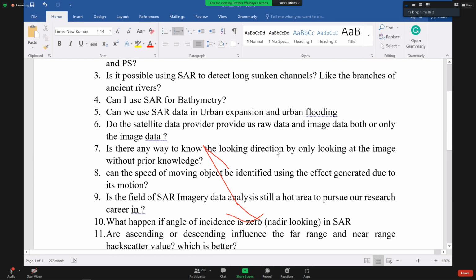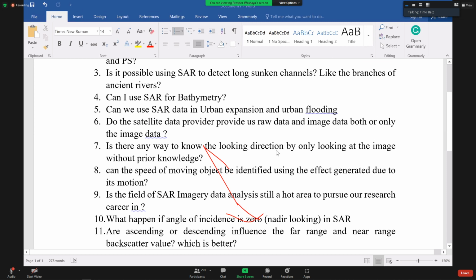Do the satellite data providers provide raw data and image data both, or only the image data? That's a good question, and the answer is some do, some don't. There are satellite data providers who will not give the raw data to you, and there are others from whom you can get the raw data.